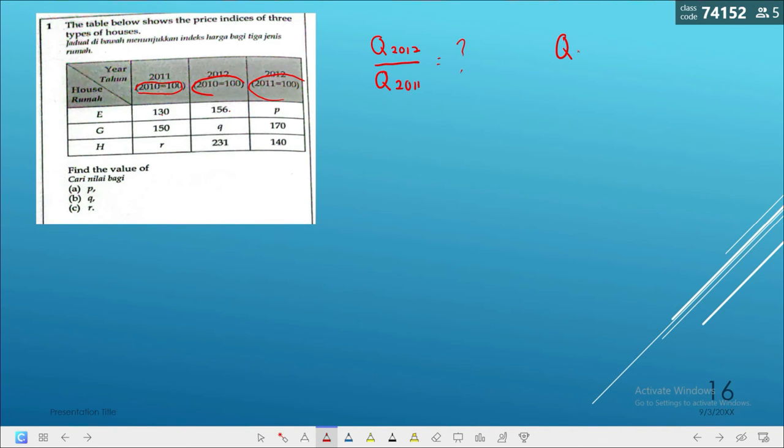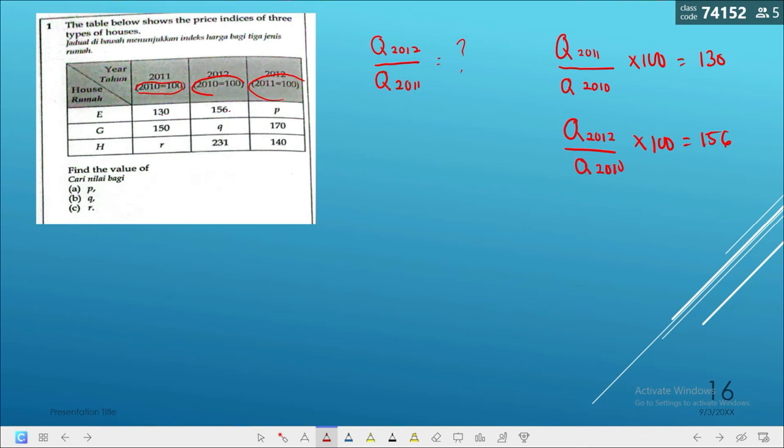So we try to make some equations. Times 100, here we get 130. Let me check again. Correct. And the second one is 2012, but the base is 2010, times 100, you will get 156.